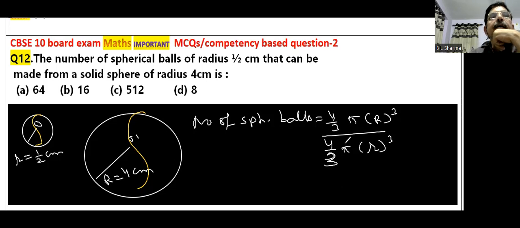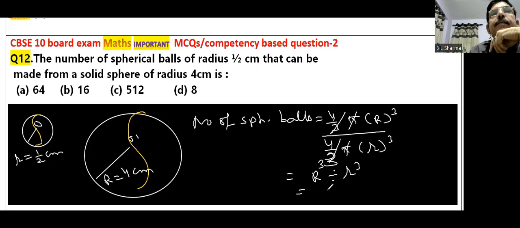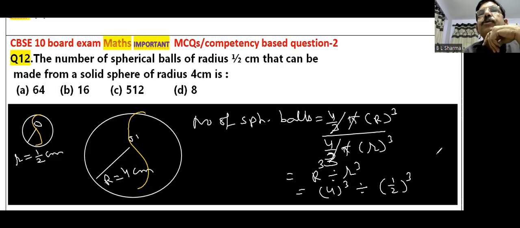That is volume of the larger sphere divided by volume of the smaller sphere जिससे बनाना है, उसका वॉल्यूम ऊपर रखिए। The volume of a sphere is given by 4/3 into pi r cube. 4/3 pi is cancelled by 4/3 pi, so we can write R cube divided by small r cube, that is 4 power 3 divided by 1/2 power 3. So can you get the answer here?